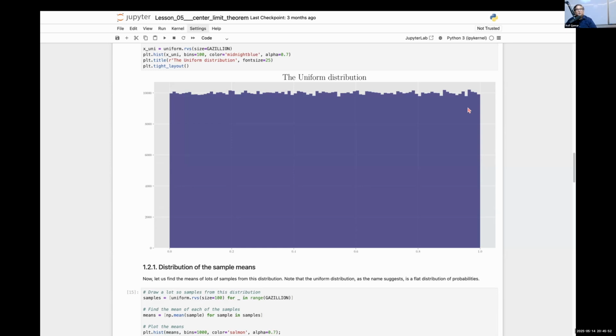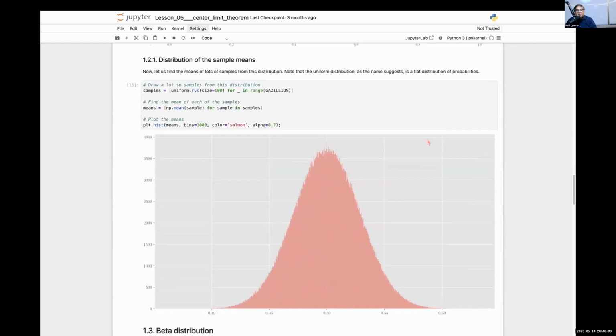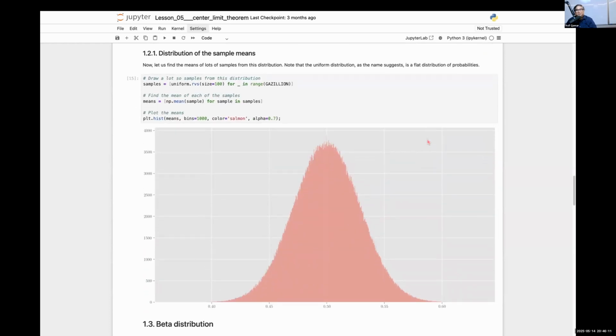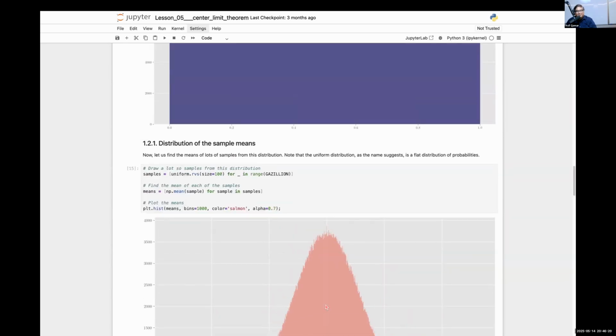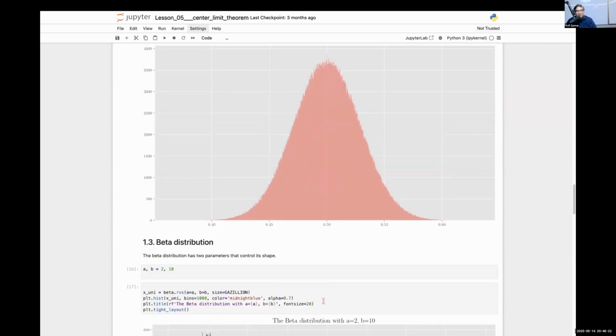These numbers go from 0 to 1, a uniform distribution, so the average is 0.5. What we will do is take lots and lots of samples from this uniform distribution and see what the average of those is. Look at that. The averages form a bell curve, centered around the correct value, 0.5. It's actually remarkable how it happens.